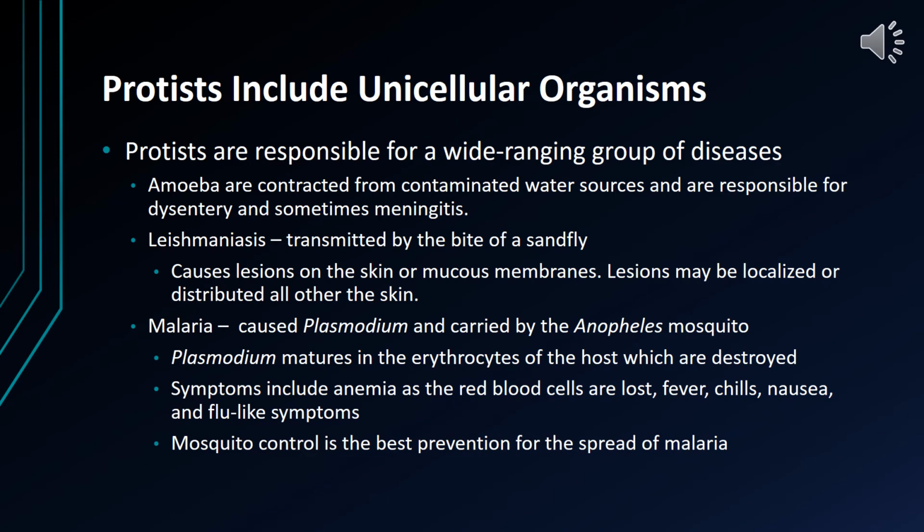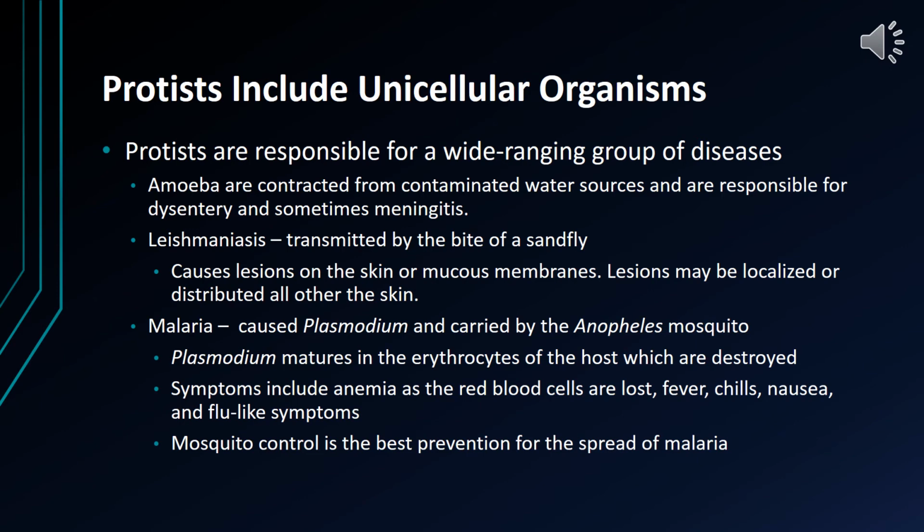And then there's leishmaniasis, which is transmitted by the bite of a sandfly, and this leads to lesions on the skin or mucous membranes, and these lesions can be localized or distributed all over the skin.